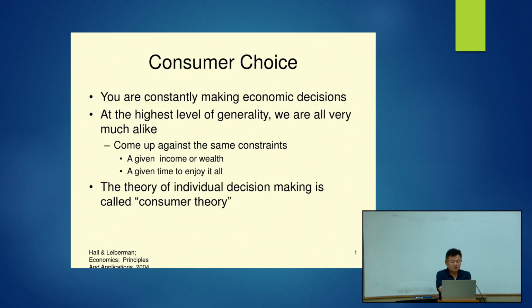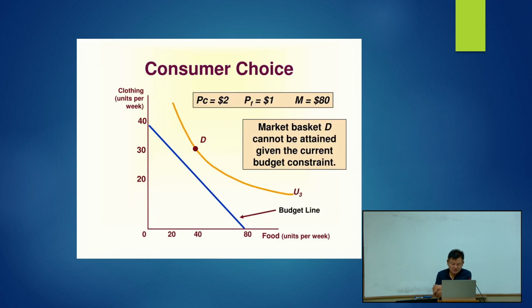The consumer choice theory of individual decision making is called consumer theory. Okay. Consumer theory is related to the demand curve. The downward slope is the demand curve.